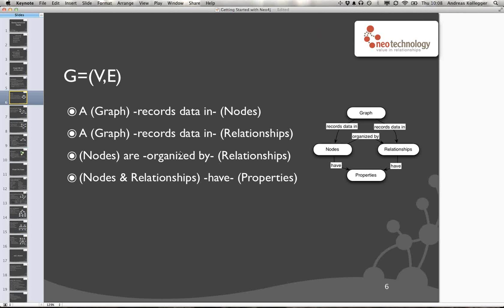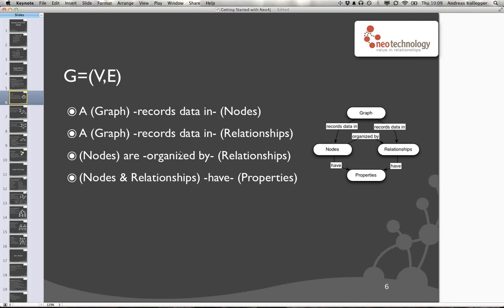In Neo4j, we call those relationships. So the second thing that a graph database stores is relationships. And what relationships essentially do, to create data structures, is give an organization to your data. They actually effectively are the real-time schema of all the data that you're saving.